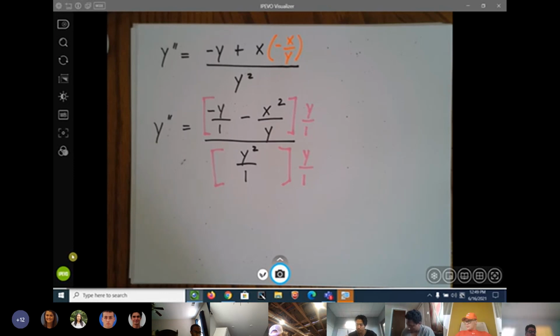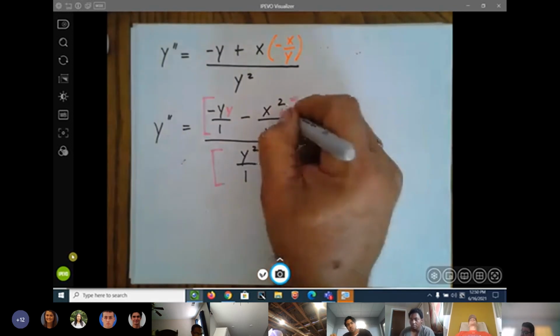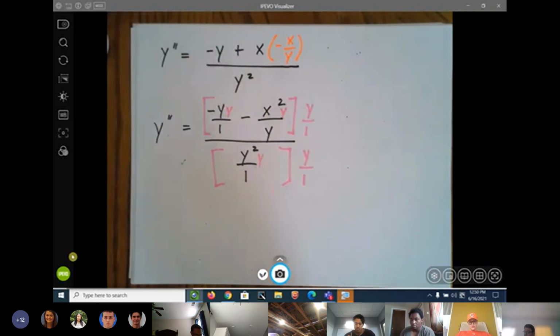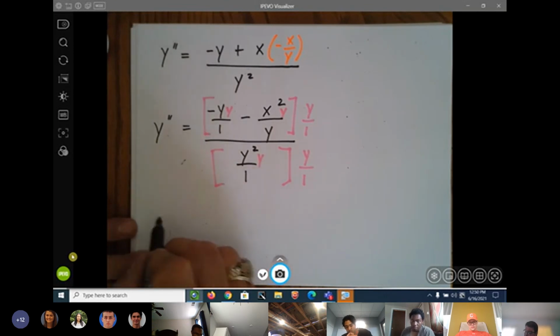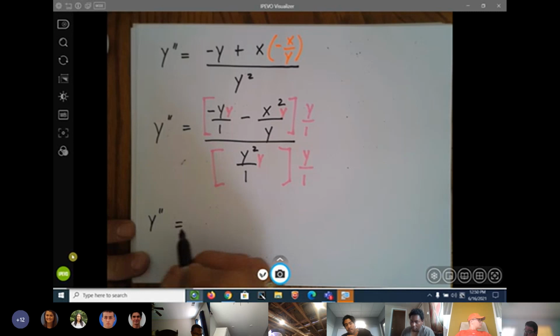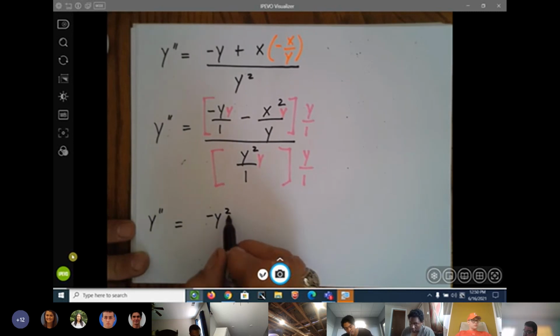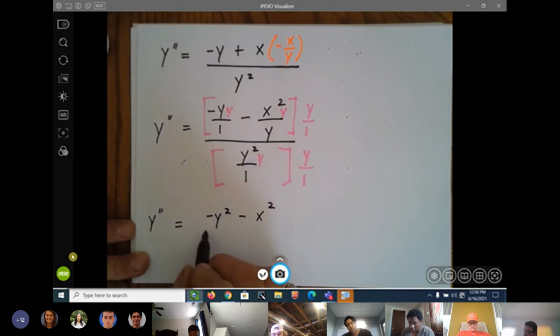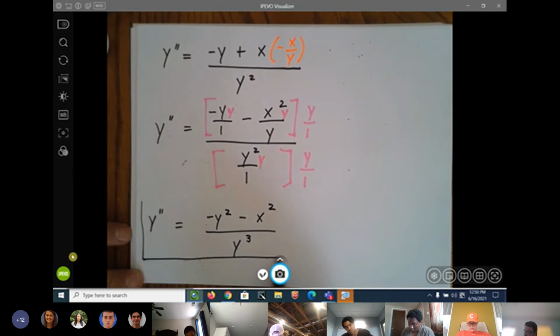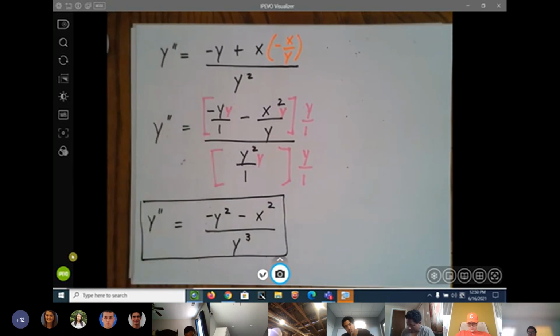I'm just going to put a y here, a y here, and a y here. And that's going to give me y double prime is equal to negative y squared minus x squared over y to the third.